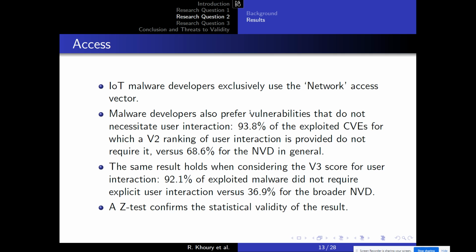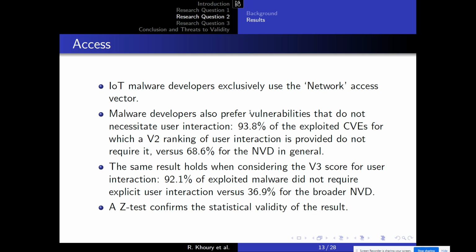Malware developers also prefer vulnerabilities that don't necessitate user interaction. That's another piece of information that's mentioned in both V2 and V3 rating scores. 93% of the vulnerabilities that are exploited and for which there's a V2 ranking do not necessitate user interaction, versus 68% for the NVD in general.